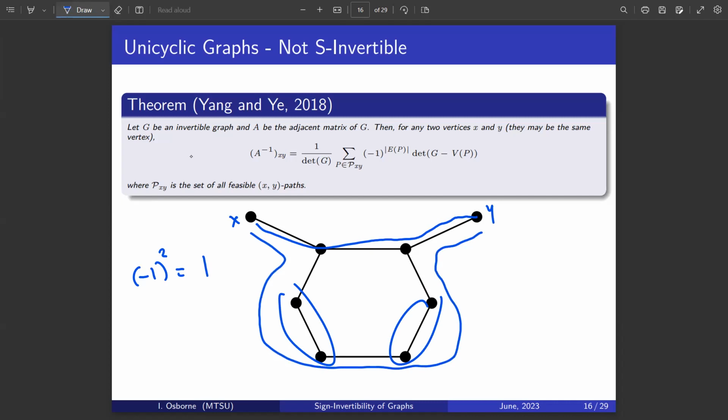And so by definition, the determinant of this part of when you use up all the vertices is also 1. So when you add these two up together, you get 2 for the XY entry. And so now, because of this entry, it's not going to be s-invertible.